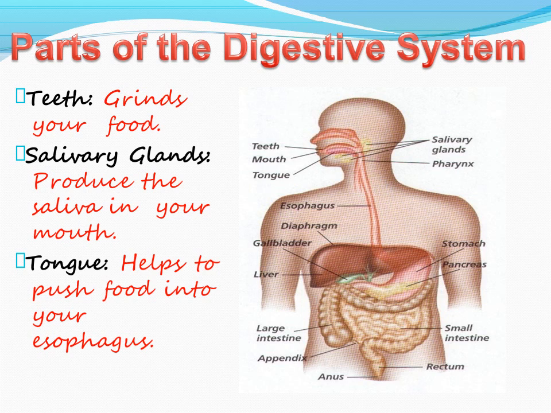The salivary glands present in our mouth produce saliva and help to mix it with the food we are chewing or grinding. The third part is the tongue. The tongue helps to push the food into the esophagus.